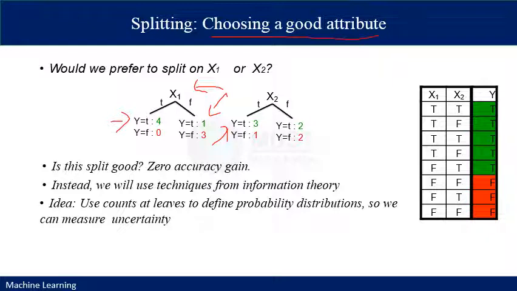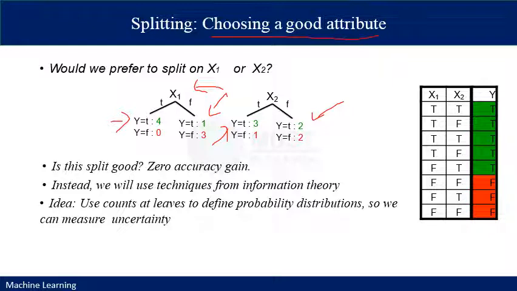On the other hand, we have 3 and 2 correct classifications if we divide the tree on x2. So what is the good split here?